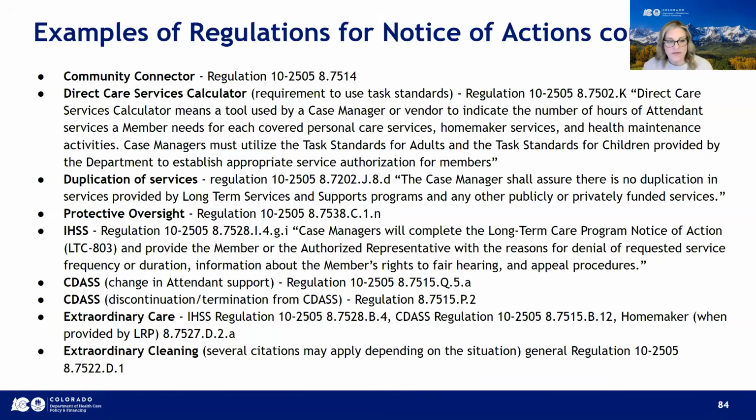Not all of them have the specific language, but it gives you the section you can look in. These, again, are examples of regulations that we've talked about services today, including the Direct Care Service Calculator, Community Connector, IHSS, CDOS, Extraordinary Care. Please make sure you're taking some time to familiarize yourself with what's in regulation about these services and processes.